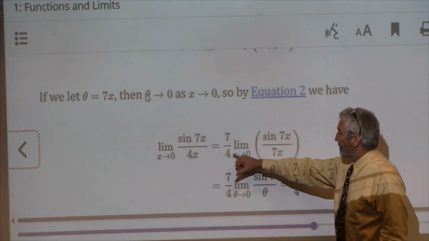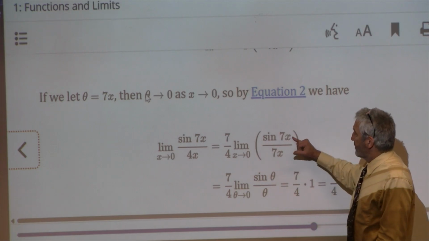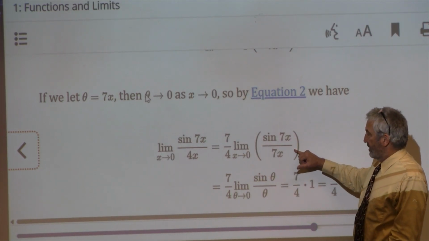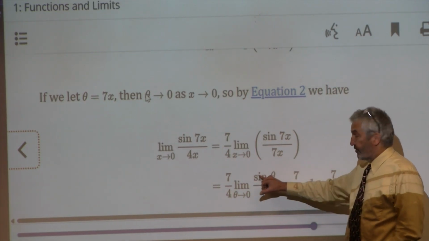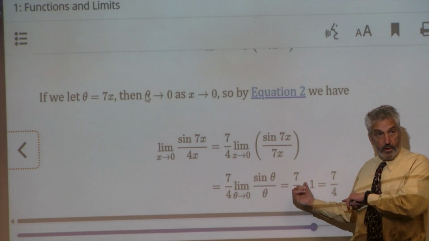The 7/4 comes through, and you're left with the limit of 7x over 7x, which can be turned into this limit. And there you can use that expression that the limit does equal 1.